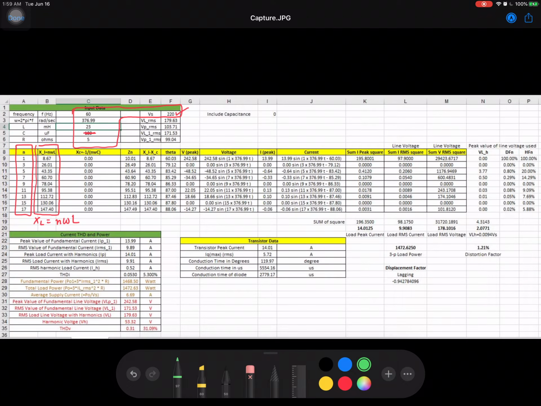Then in this column, I have calculated the impedance, and impedance is calculated as the square root of R square plus n omega L square. Then in this column, for every harmonic, we have evaluated theta n. So that is equal to tangent inverse of n omega L by R.